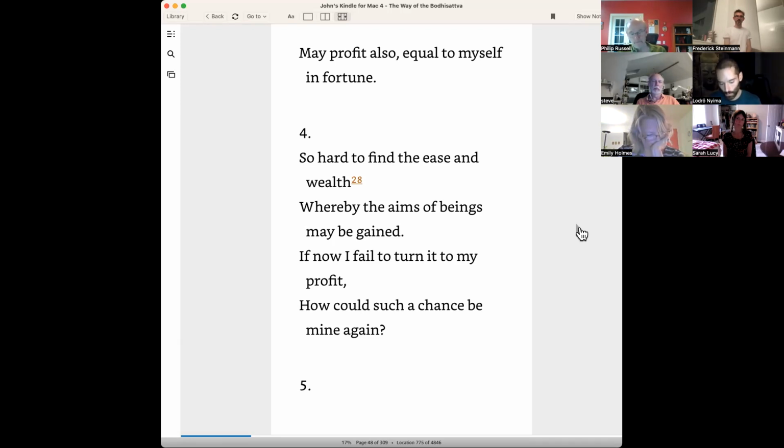The former, the ease and freedoms, the 8 are the freedom of not being born, 1 in hell realms, 2 as a hungry ghost, 3 as an animal, 4 in the realms of the gods, 5 among barbarians who are ignorant of the teachings and practices of the Buddha Dharma, and 6 as one with wrong views concerning karma and so forth. 7 in a time and place where a Buddha has not appeared, that's very unfortunate, and 8 as mentally or physically handicapped.